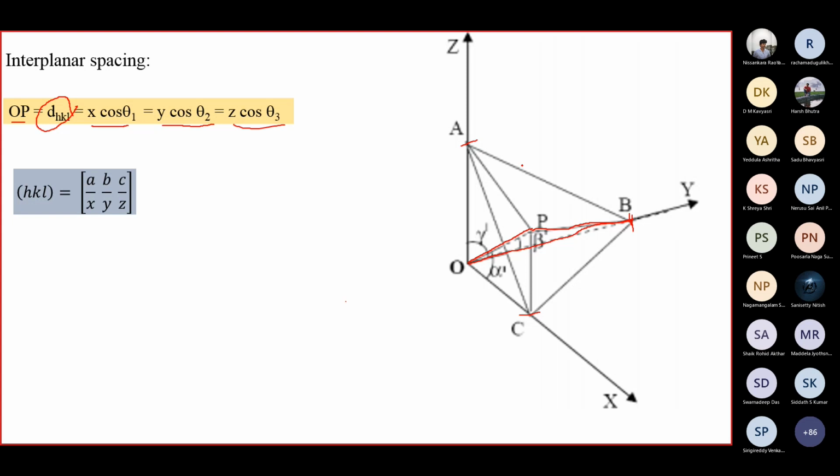Go back and check the procedure to find out Miller indices. We express x, y, z in terms of a, b, c. Then we take the reciprocal of this and then we remove the denominator, which is what?